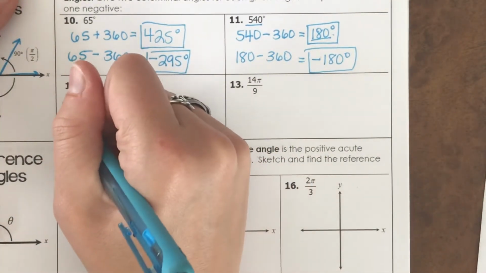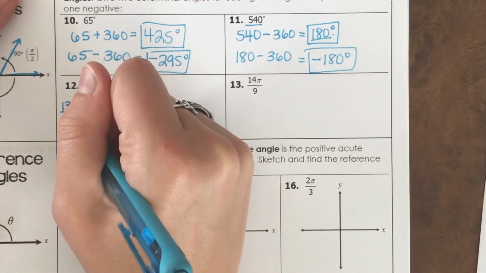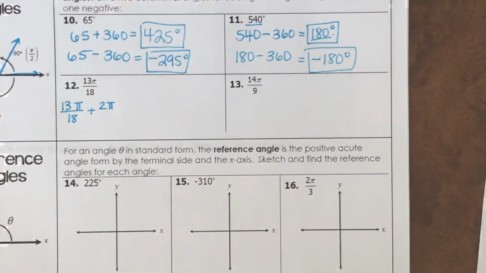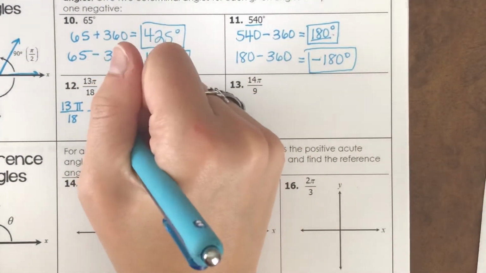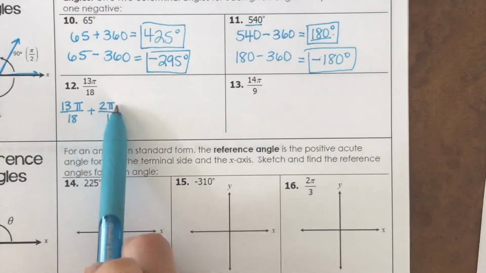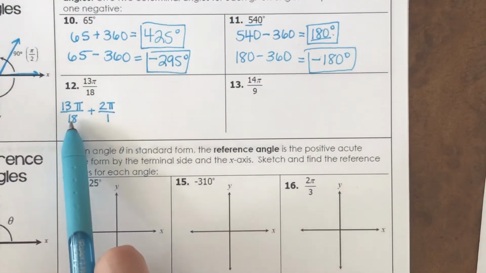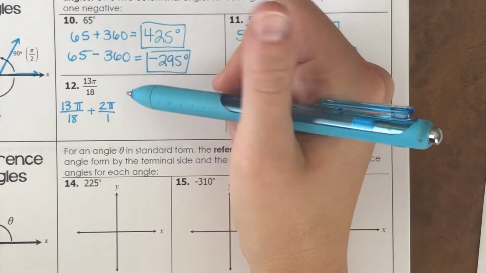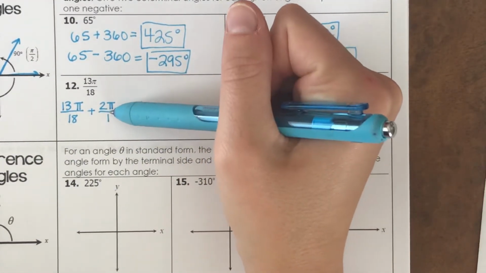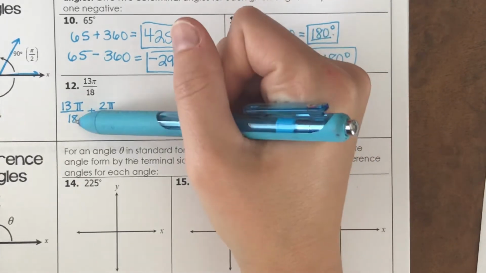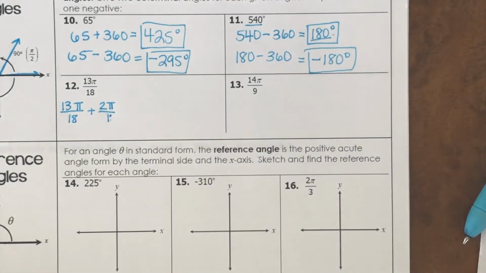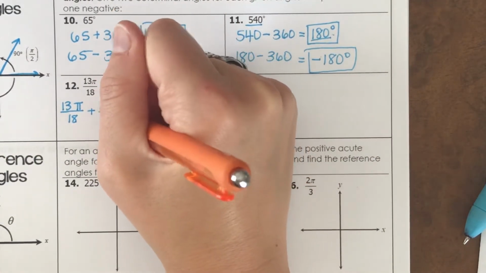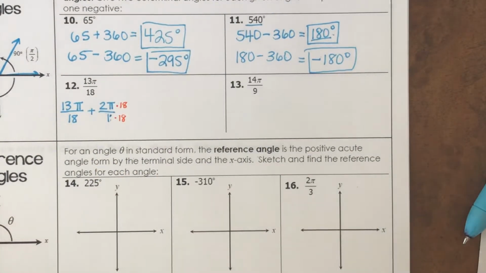So I've got 13 pi over 18, and I'm going to add 2 pi to it. Now, I cannot just add these two together because they have different denominators. So I have to have a common denominator in order to add them together. Well, I can multiply 1 times 18, and that will give me the same denominator. So I'm going to multiply times 18 on the top and on the bottom.